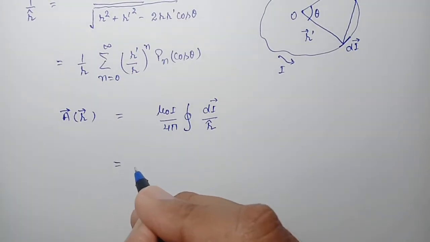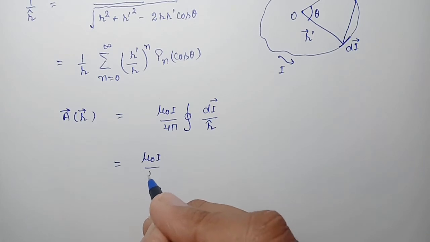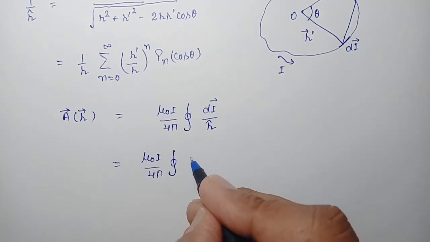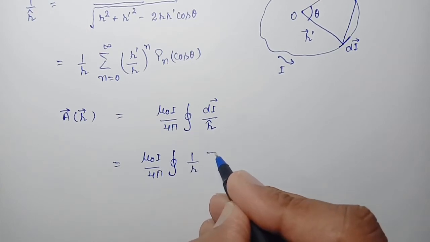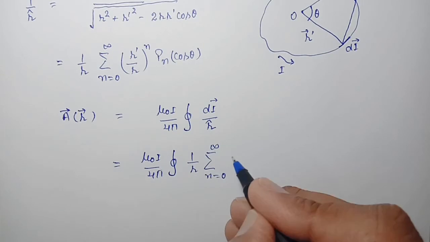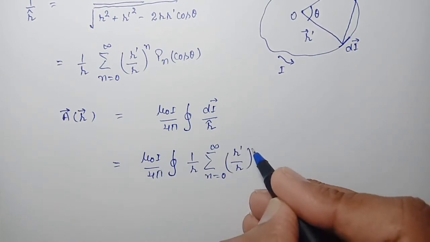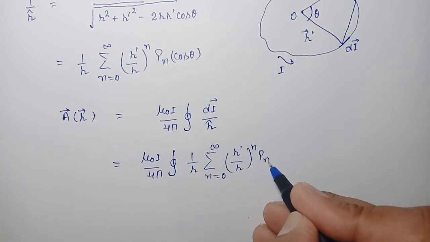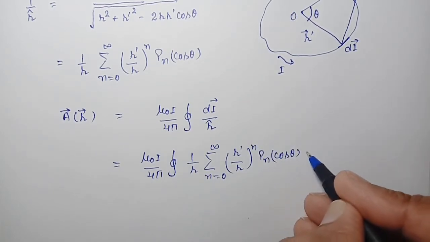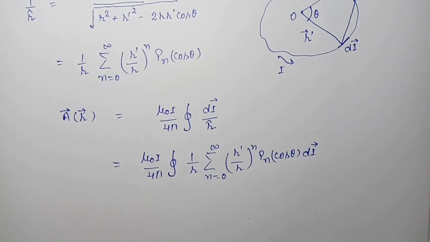So we can write mu naught I over 4 pi, and here 1 over r cap is equal to 1 over r summation n equals 0 to infinity, then r dash over r to the power n, Pn cos theta, and here we have dl vector.